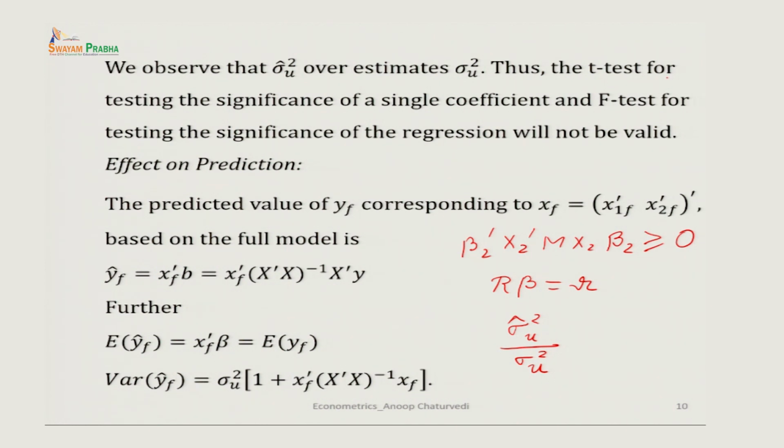Similarly, the t test for testing the significance of a single coefficient or the f test for testing the significance of the entire regression will not be valid. So, if you misspecify the model and if you exclude some of the relevant variables, then your tests will not be valid.